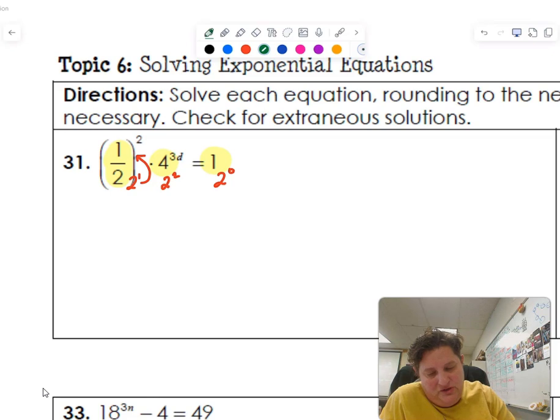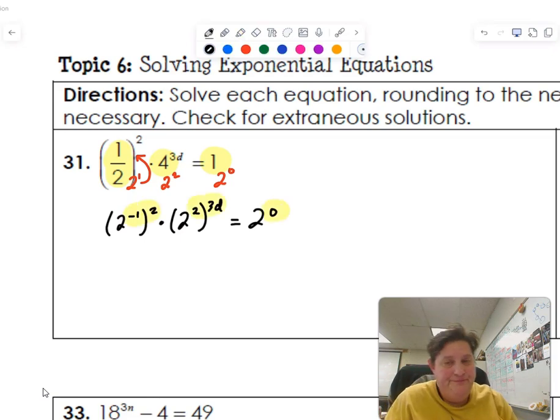Okay, so I'm going to rewrite this as 2 to the negative 1 to the 2, 2 squared to the 3d, and 2 to the 0. Now here, I'm going to add those together and then set them equal to the exponent on the other side. Okay, so I get negative 2 times 3 plus 6d equals 0.